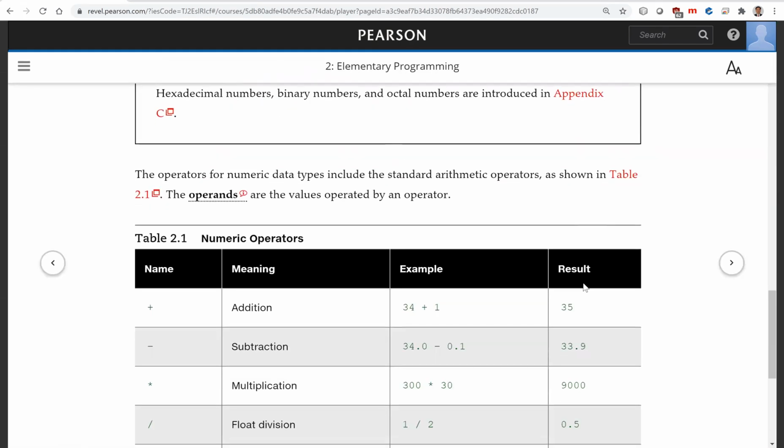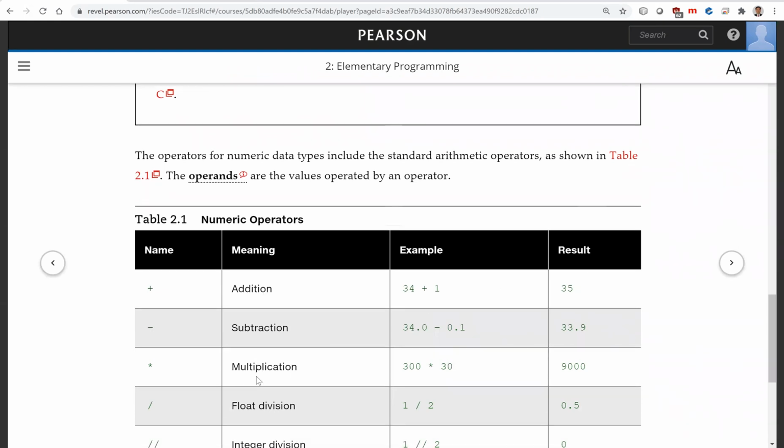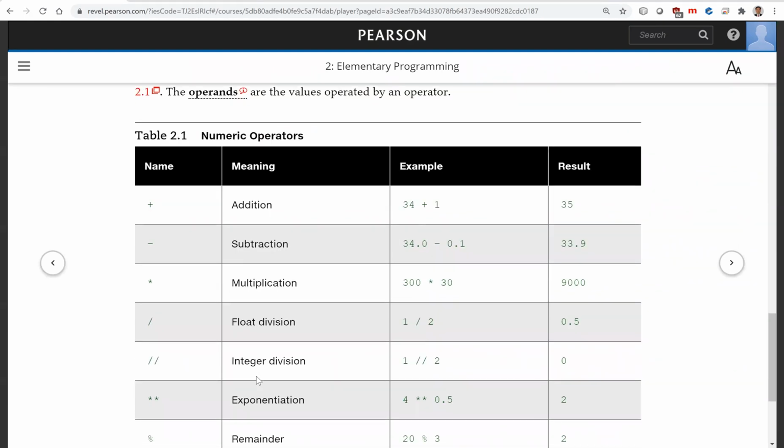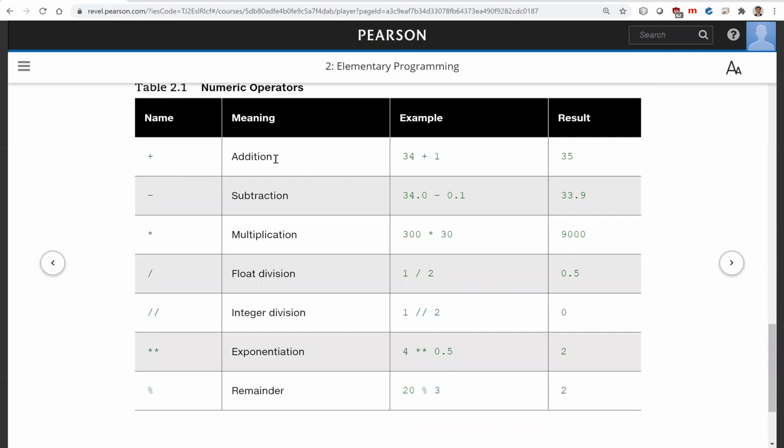Now these are the operators we have in Python: addition, subtraction, multiplication. One slash is the float division. Double slash is integer division. Now see the difference here. Float division 1/2, the result is 0.5.